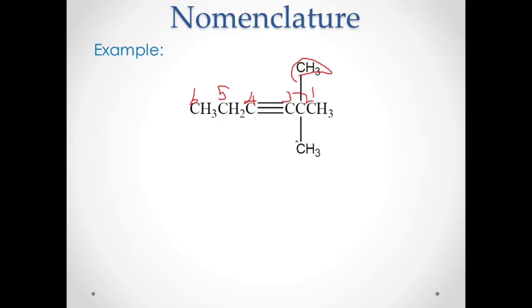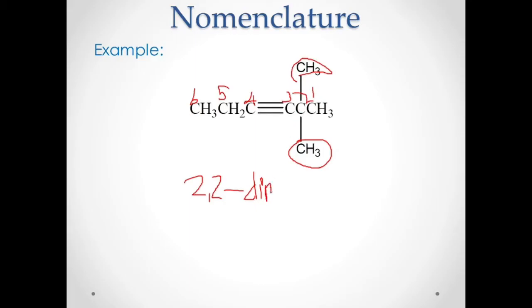So if it has the same substituent on that carbon, that becomes 2,2, because it's the same substituent. You write first the prefix for two of the same group, which is di, and what is this group here?